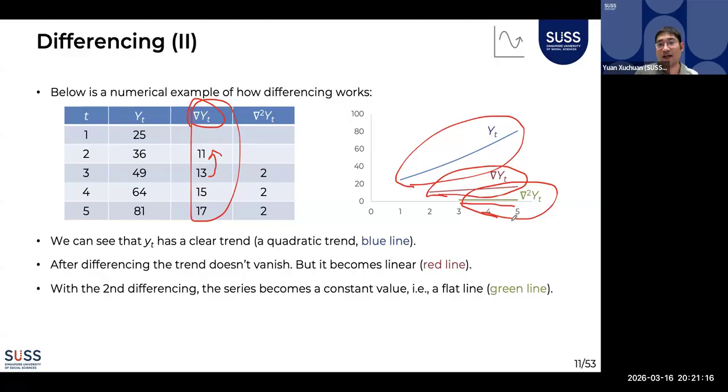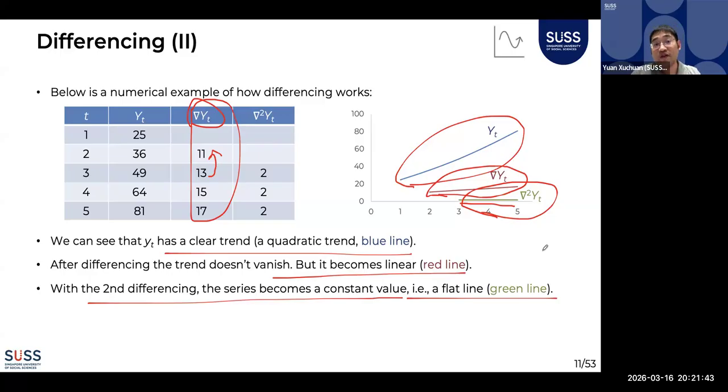Differencing can extract the trend information in your time series. So yt has a clear trend, but when you do a first order difference, it becomes linear. And then if you do a second order difference, it becomes a constant. So we use differencing to extract the trend information or remove the trend in your original time series, and to make your time series stationary.